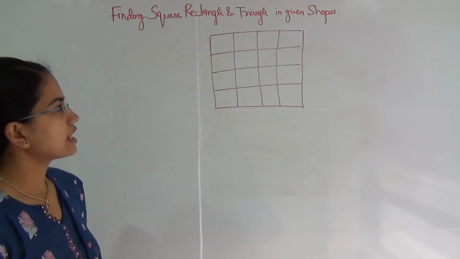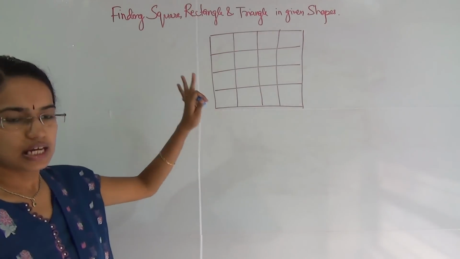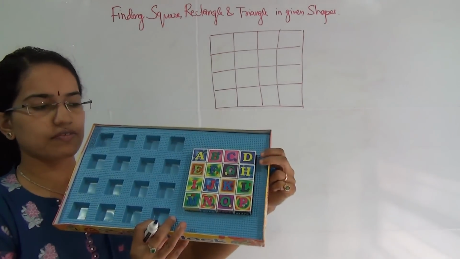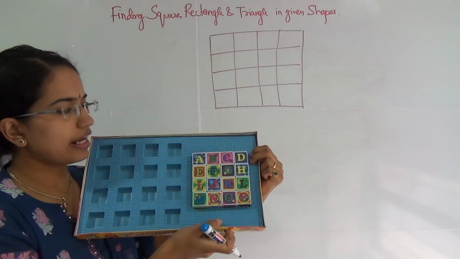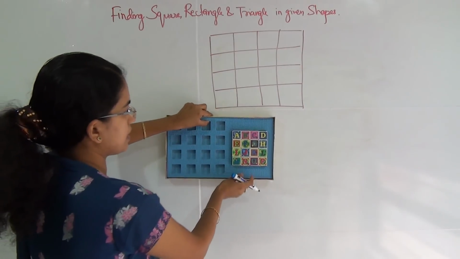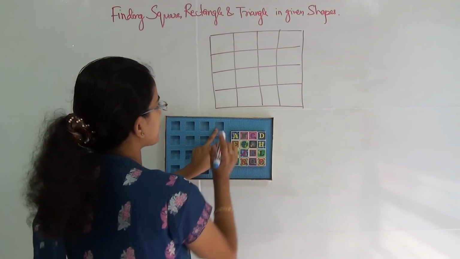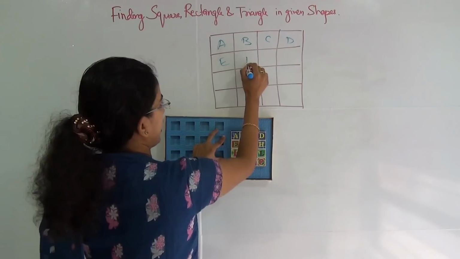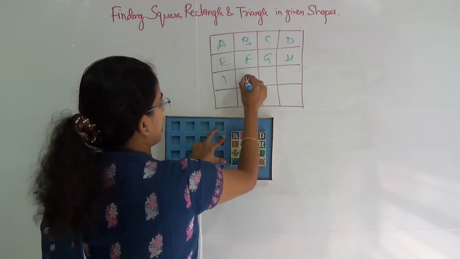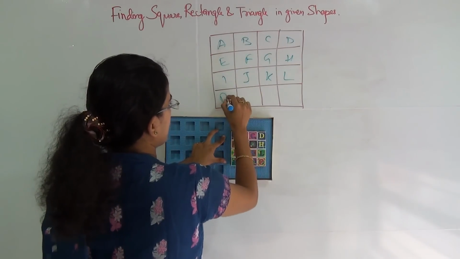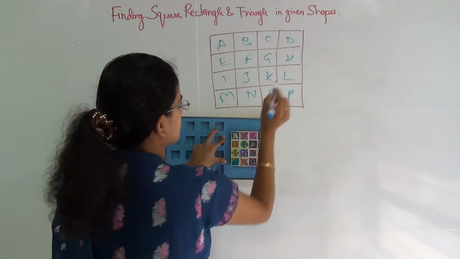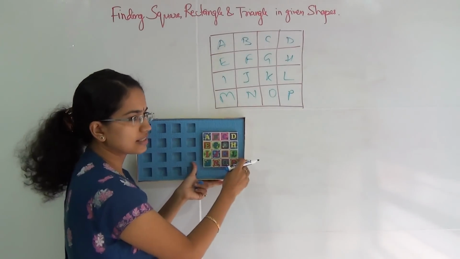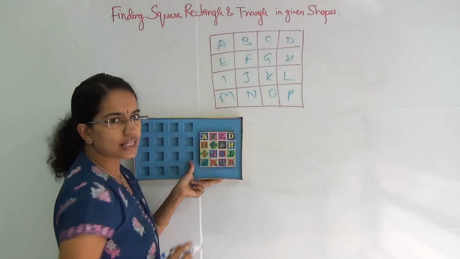For convenience, I am marking these blocks as A to P because I have a demonstration here where we will be doing it by A to B. So I am just keeping it here for convenience. Okay, and I am writing it A, B, C, D, E, F, G, H, I, J, K, L, M, N, O, P.